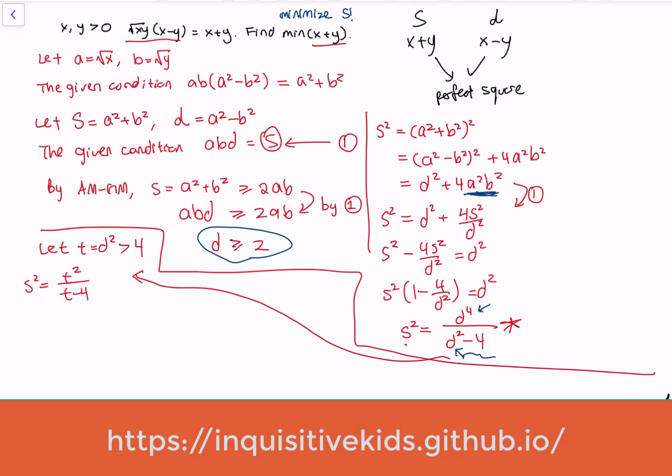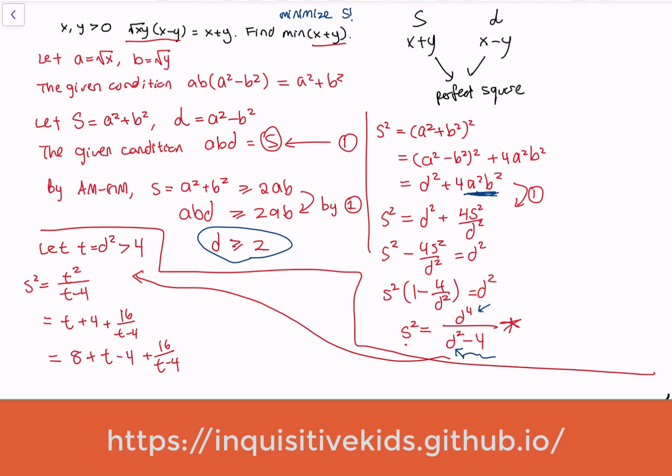Now we have a t in the numerator and some t's in the denominator. So how can we apply the AMGM inequality? Well, this fraction can be split up into t plus 4 plus 16 over t minus 4. This is equal to 8 plus t minus 4 plus 16 over t minus 4.